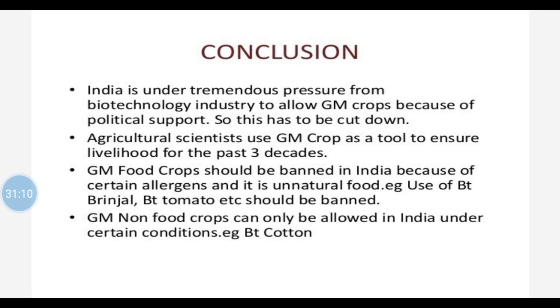The agricultural scientists also are using GM crops as a tool to ensure livelihood for the past 3 decades. Why? Because the growth is in large amount, benefits are there, income is there. Therefore they are also favoring GM crops.